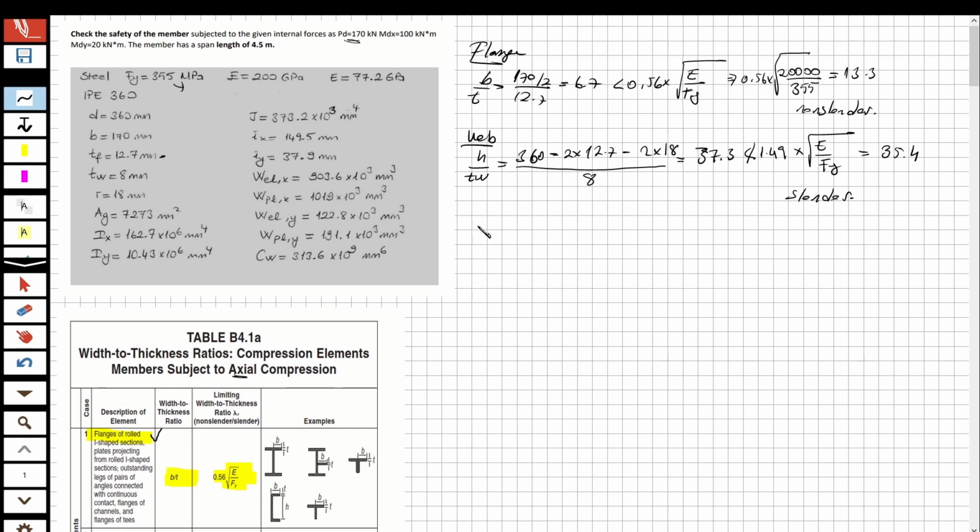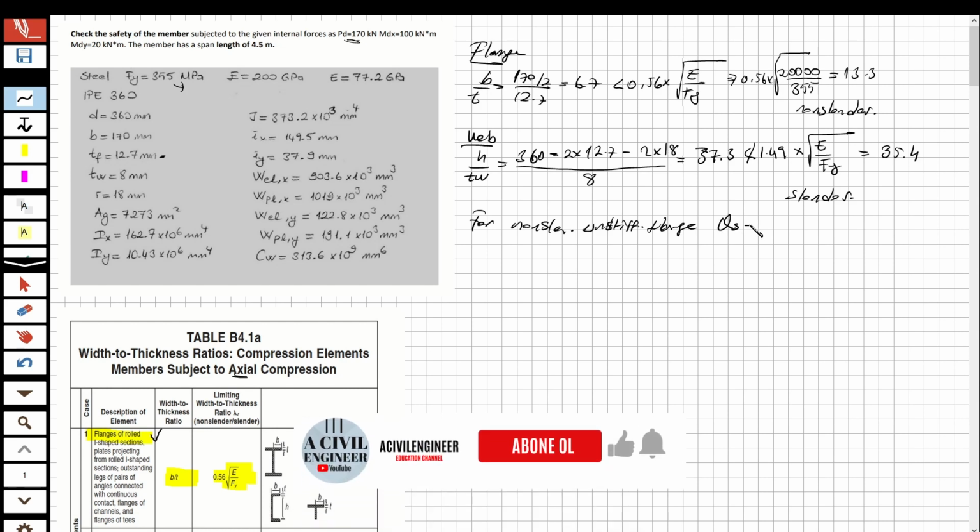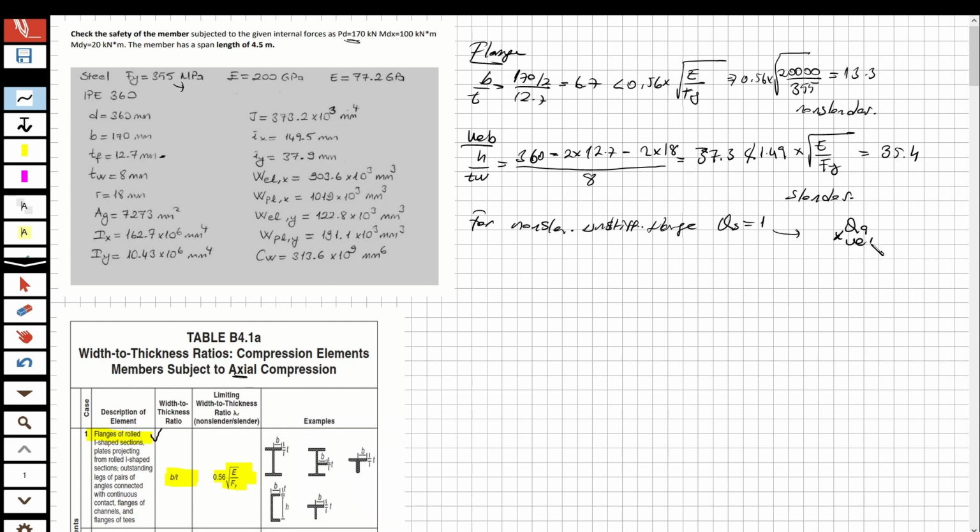If you remember, for a non-slender unstiffened element, the flange, QS is equal to 1. And we also need to calculate QA for the web part.